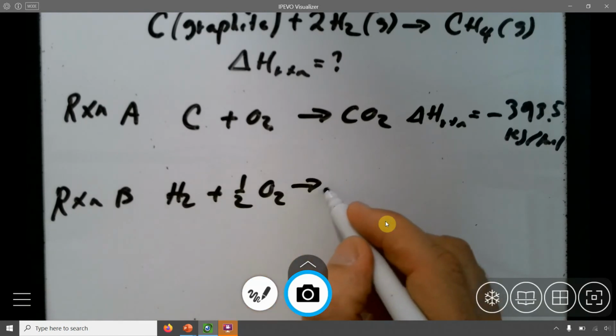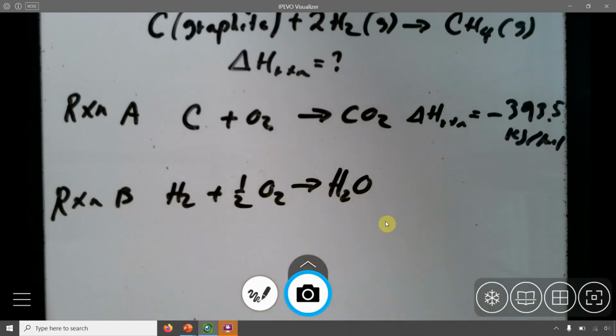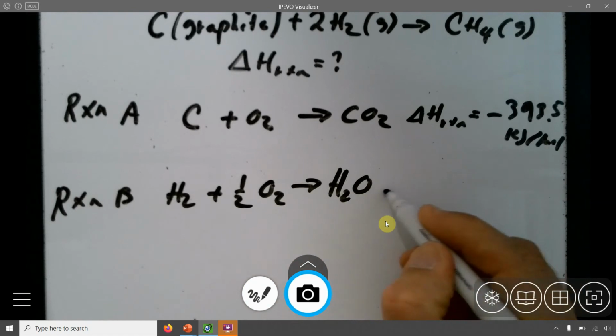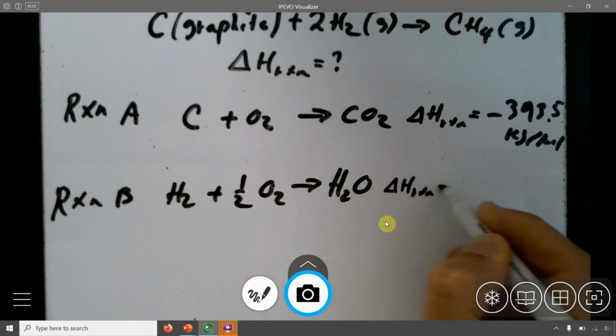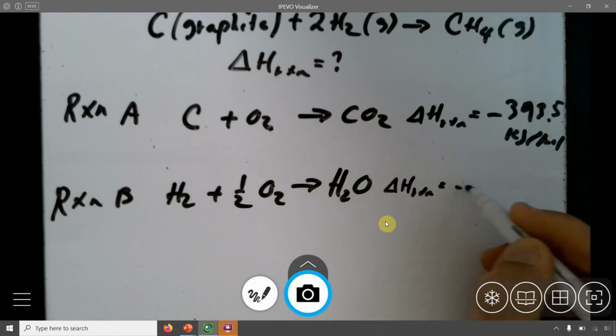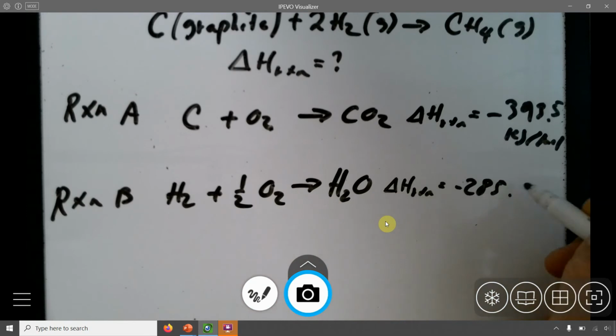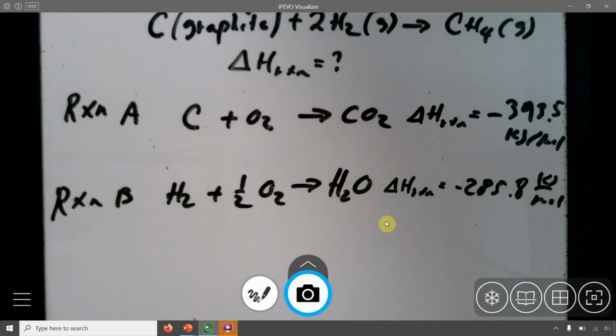That reacts to give me liquid water. And this delta H of reaction is negative 285.8 kilojoules per mole. So this is all given to you in the question. Again, this per mole thing means that if I multiply this by 2, I double that. That's all that means.